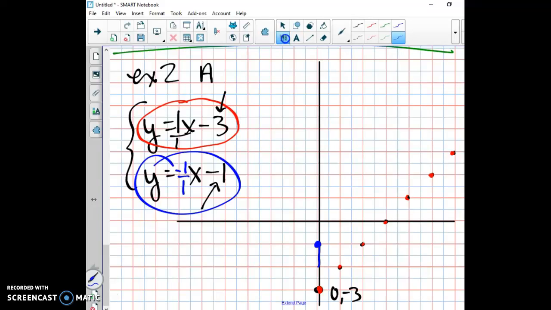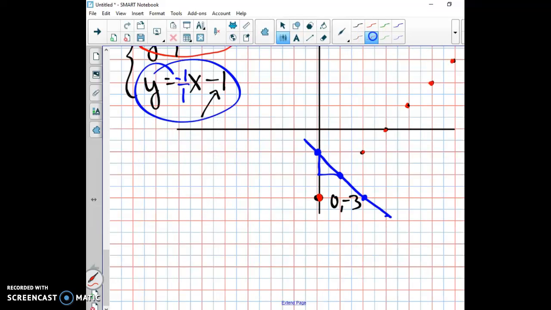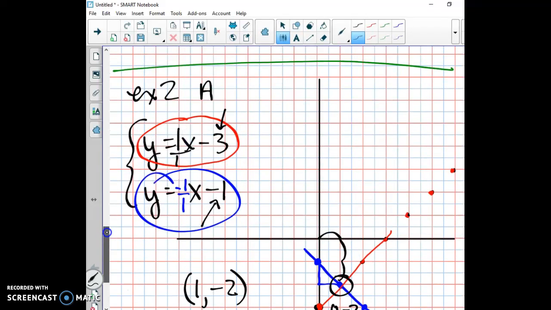We can go down 1 and then over positive 1. Oh, and we found our point, haven't we? So the blue line comes down through here, the red line goes up through here, and we have found the location: over 1, down 2. So that's positive 1, negative 2. That is our ordered pair, or our solution.